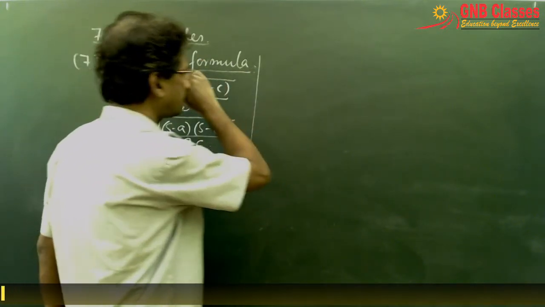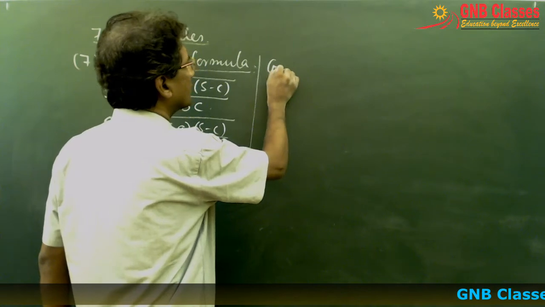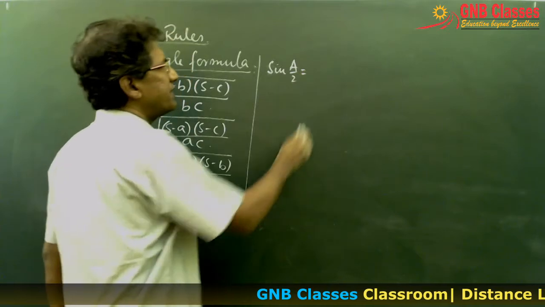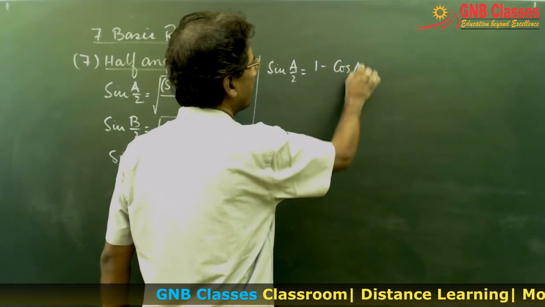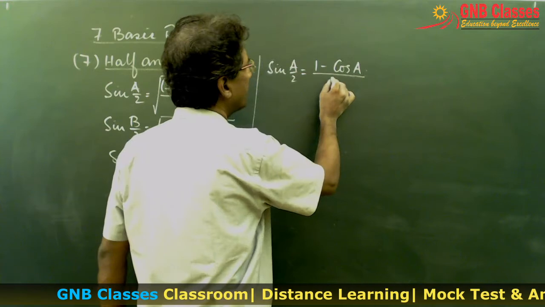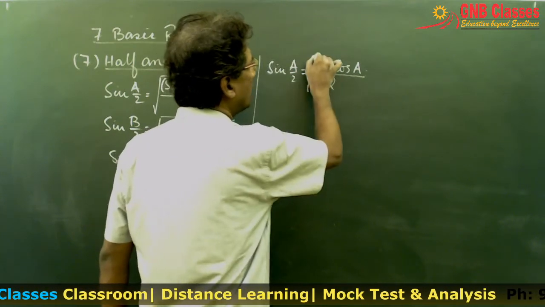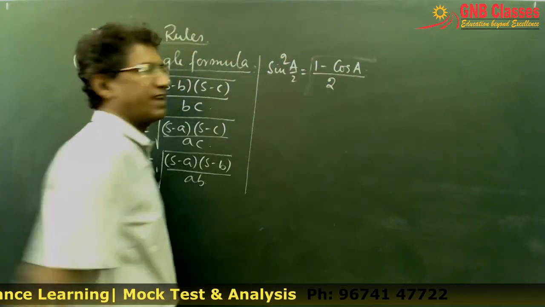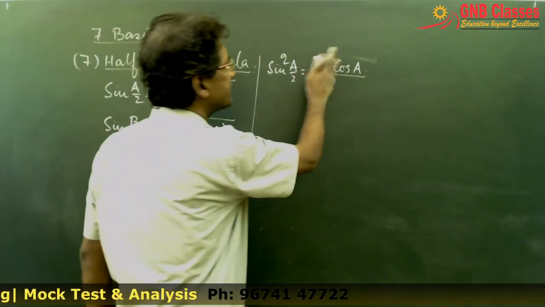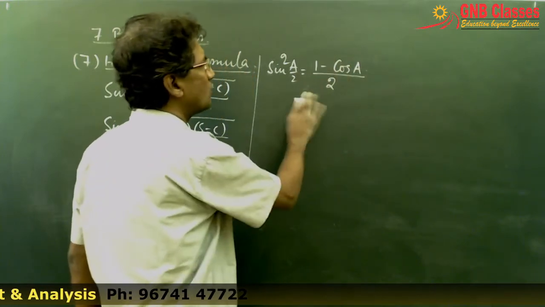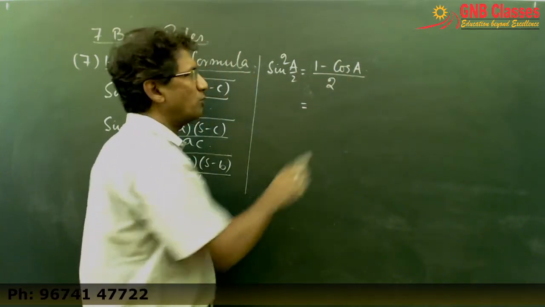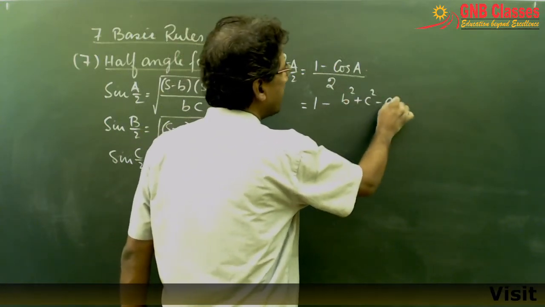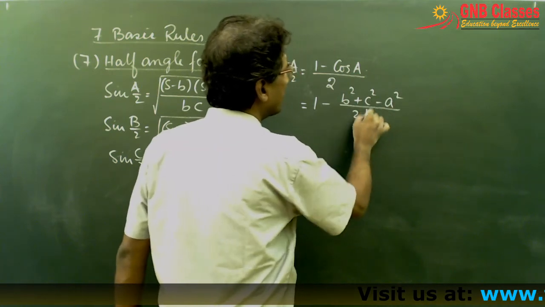We know that sine square A by 2 can be written as 1 minus cos A divided by 2. Is it clear? Now from the cosine formula, what is the formula for cos A? B square plus c square minus a square divided by 2bc.